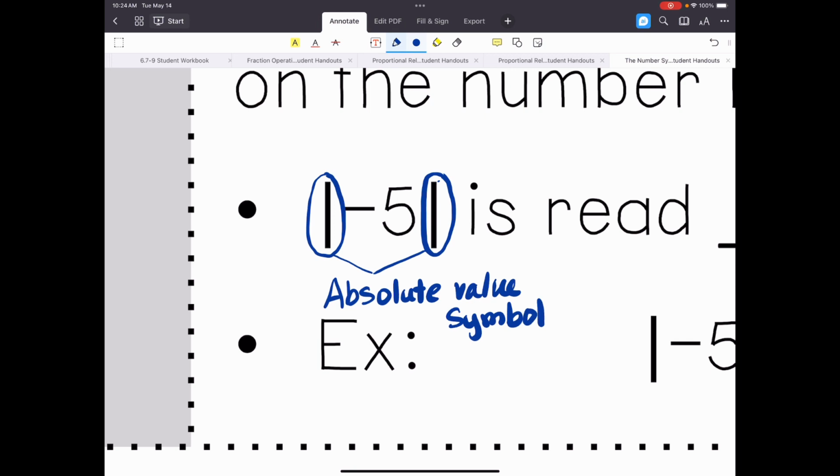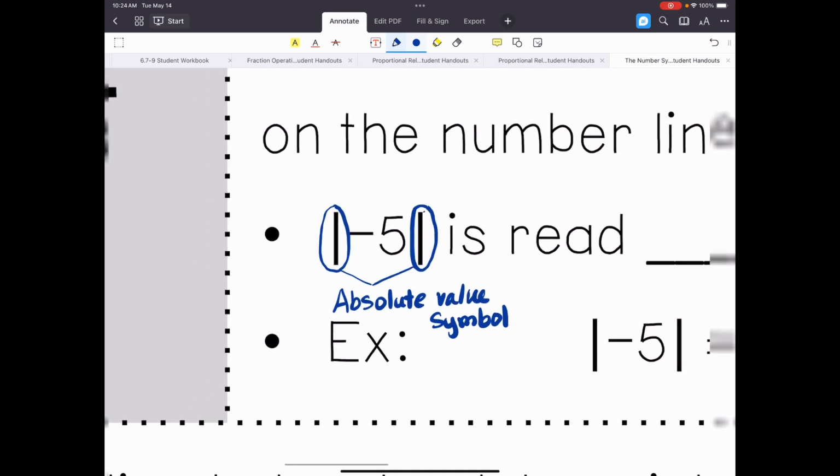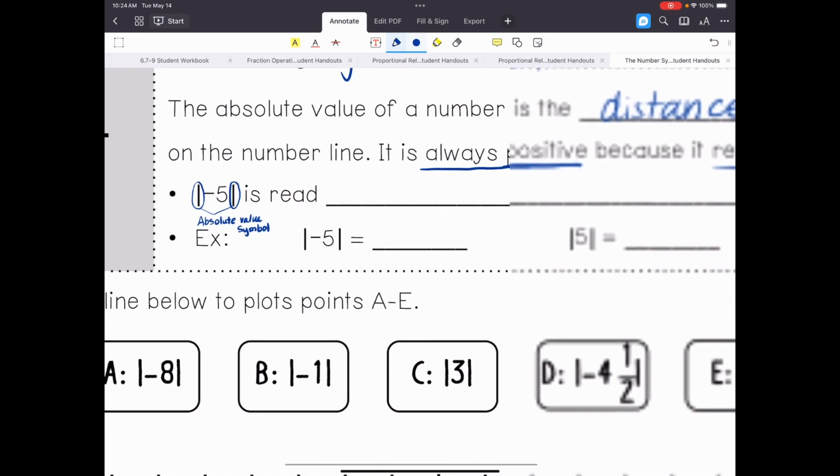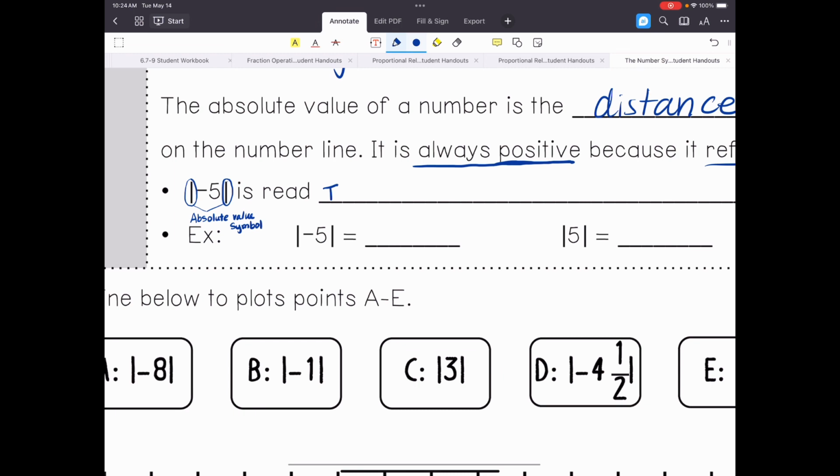So these two straight up and down lines denote absolute value, and it's read as the absolute value of -5. A lot of times kids can get it confused with the number 1 or think it might be a letter L or a capital I, but it is those two lines. When there's one on each side of the number, that means the absolute value.